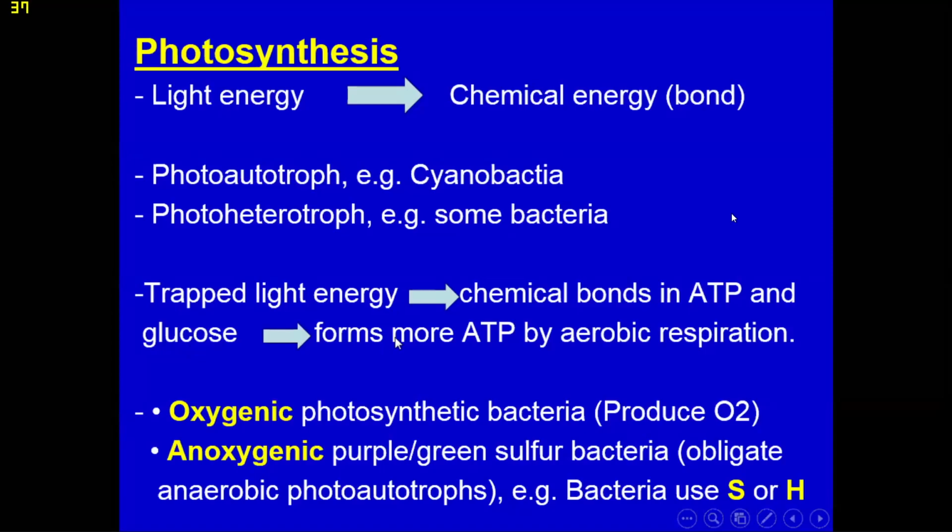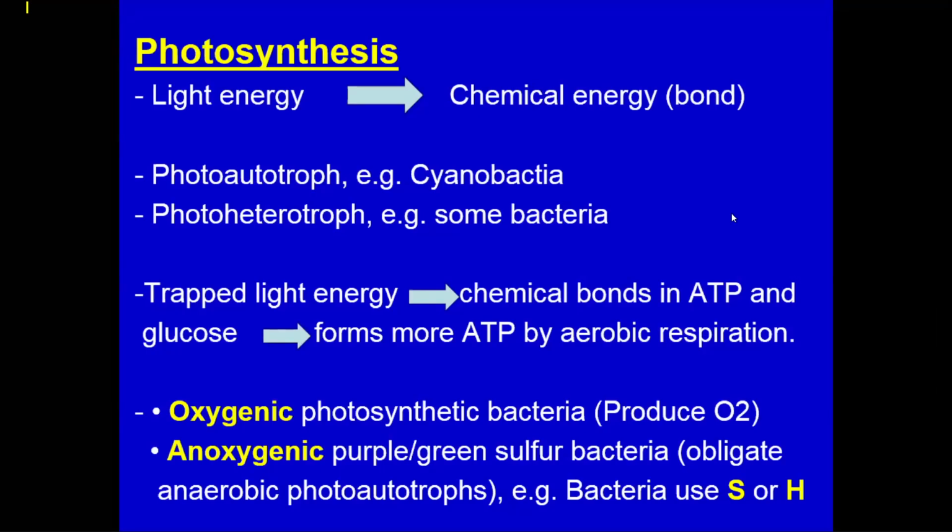Now the glucose will be broken down also, and more ATP will be released by aerobic respiration. So light will trap energy, and this energy will be transferred to chemical bonds in ATP and glucose. Glucose will be broken down and more ATP will be released.